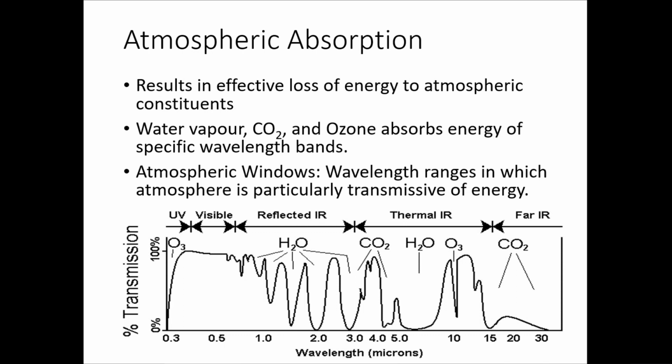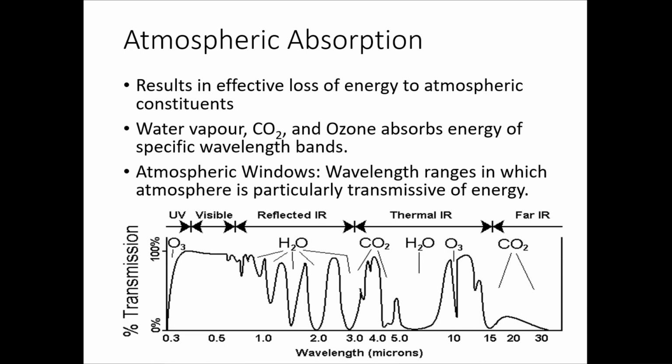So these areas of the spectrum which are not severely influenced by atmospheric absorption, and thus are useful to remote sensors, are called atmospheric windows. Simple definition: atmospheric windows are wavelength ranges in which the atmosphere is particularly transmissive of energy. Is that clear?